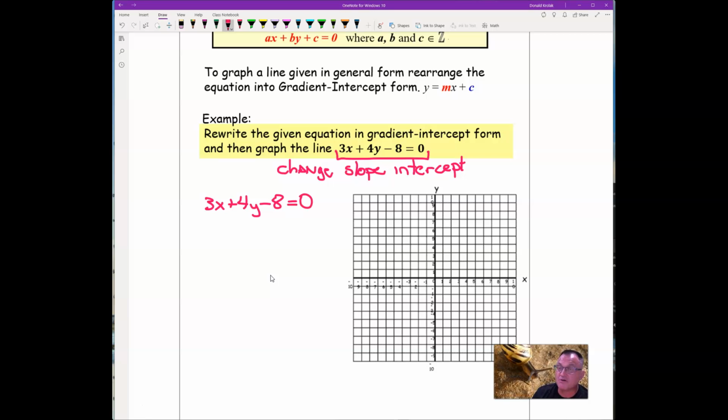So I'm going to solve for y. Okay, so I'm going to move the 3x over and the 8, and then divide everything by 4.